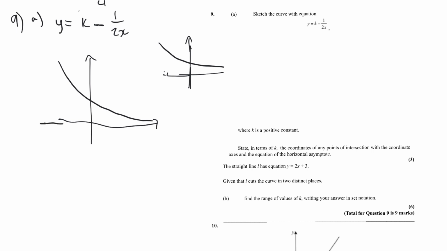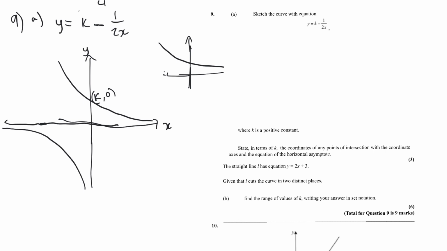And then the other way as well. So like this, with k being the constant. So then, yeah, points of intersection, so k would be one of them.